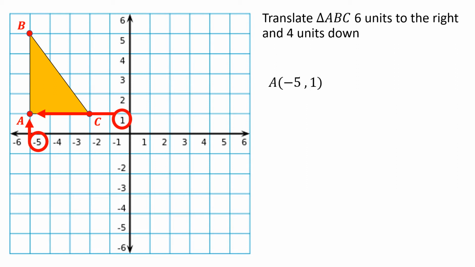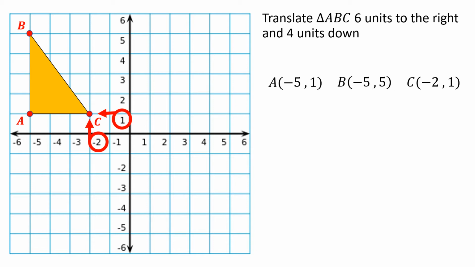Remember, when writing the coordinates, you have to write the value of x first, then the value of y. Let's move on to point B. B sits on the coordinates of -5 and 5. And lastly, point C. Point C is on -2, 1.